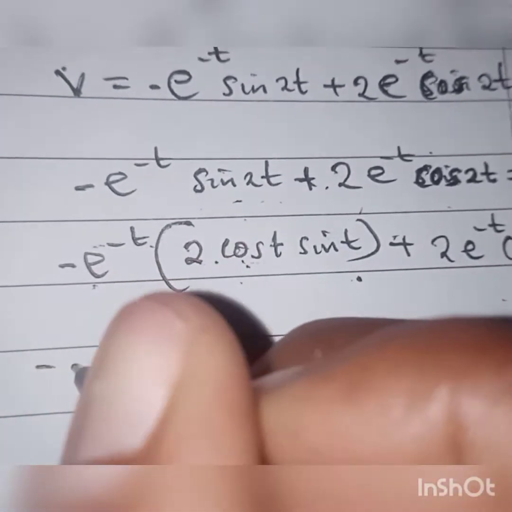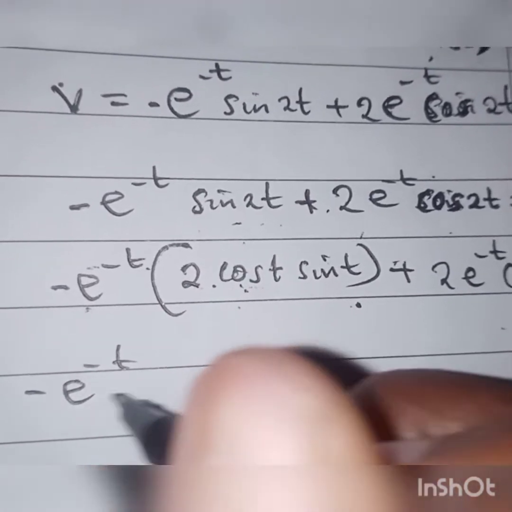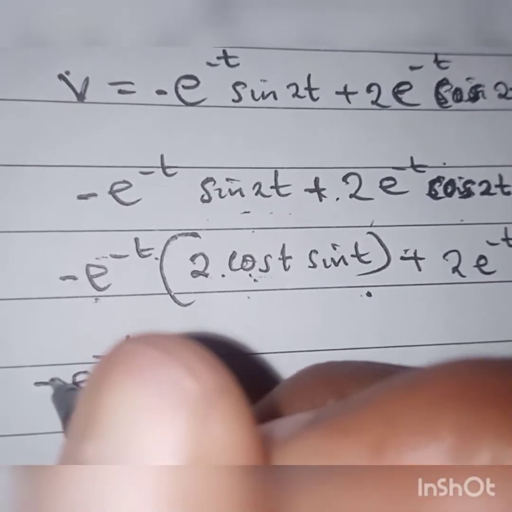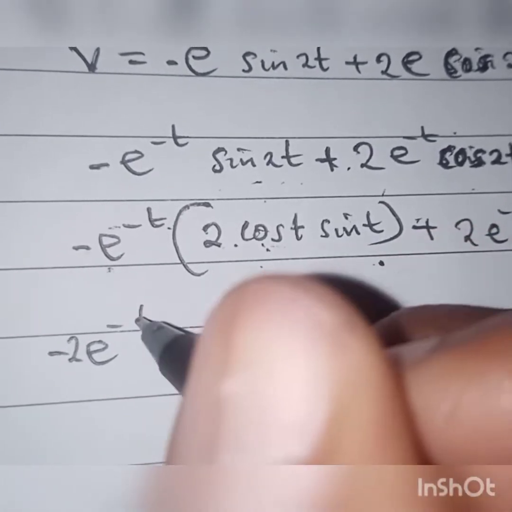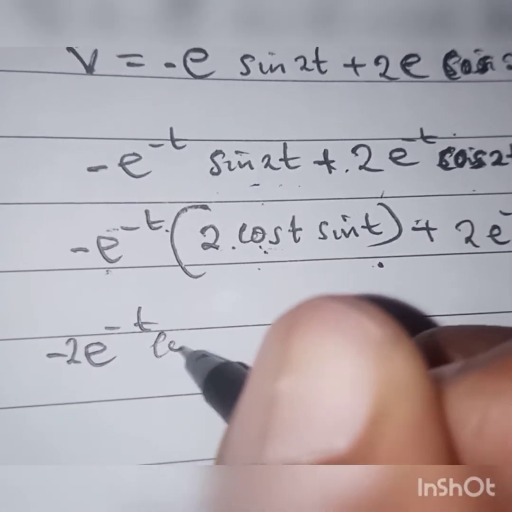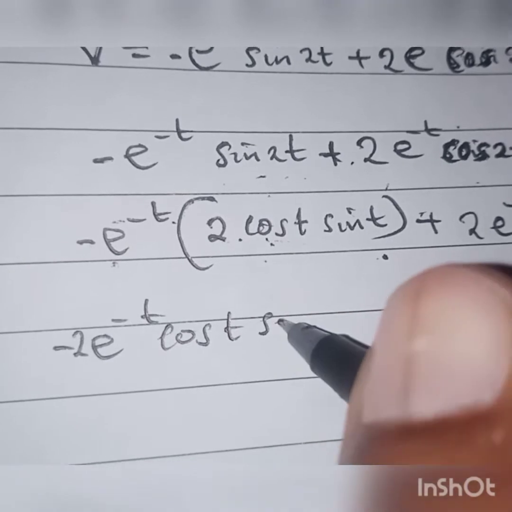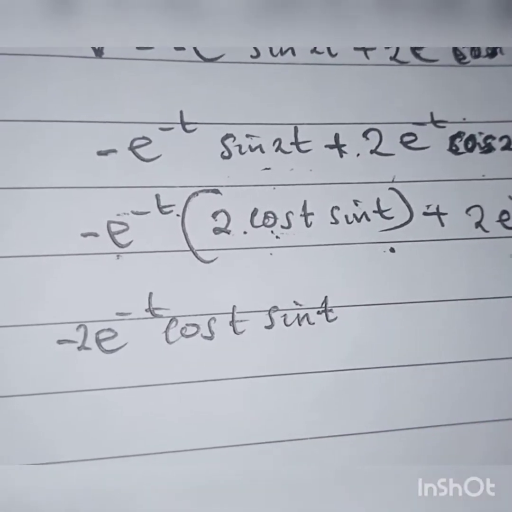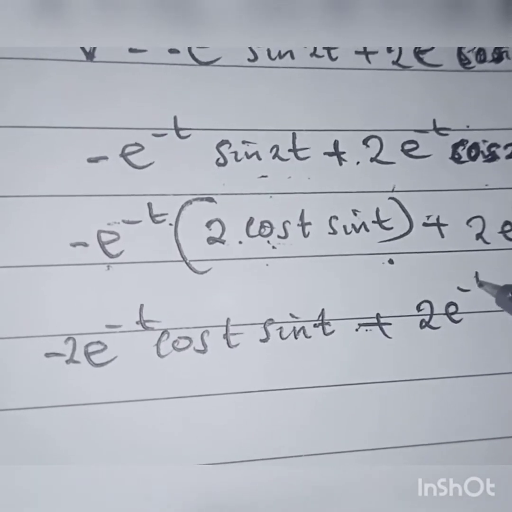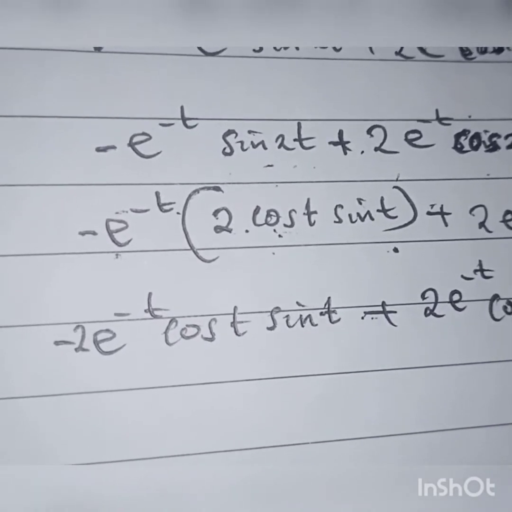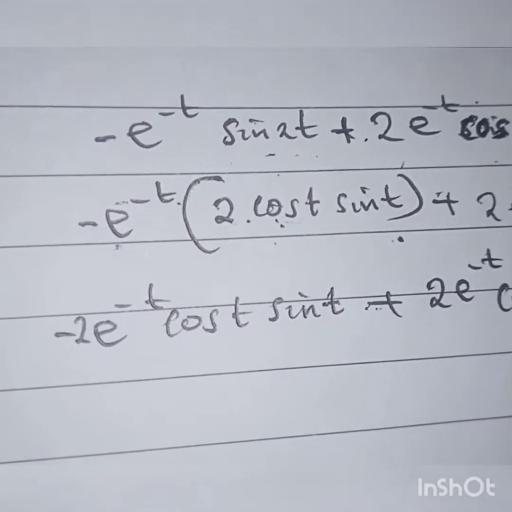Therefore, minus 2e raised to power minus t cos t sin t, then plus 2e raised to power minus t cos 2t equals 0.